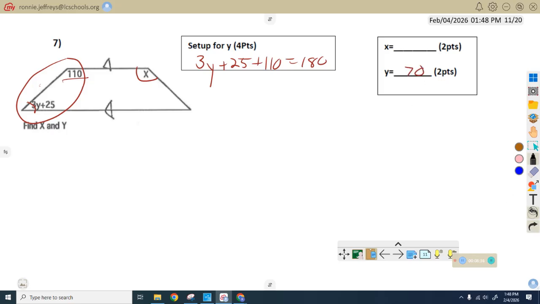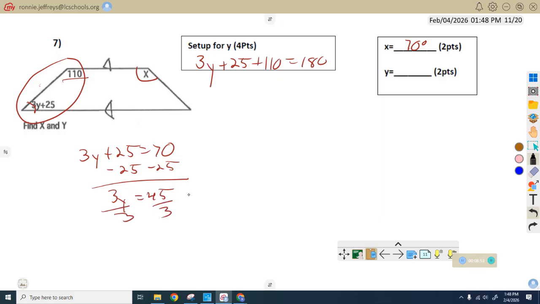Oops, sorry, that shouldn't go there. That should go here. All right, so you could also set it up like this. All right, so y would be 15.